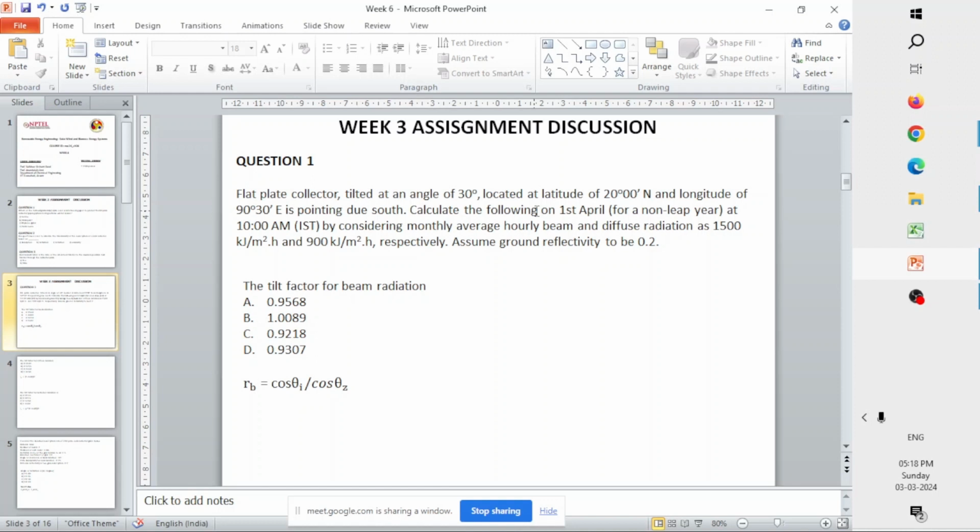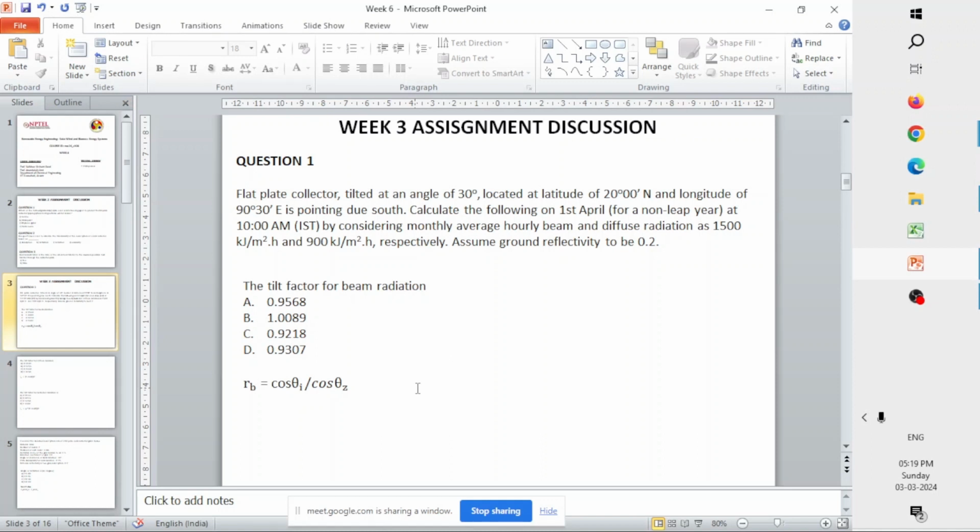So here we will just take this as a live solving session where I'll also be solving, and if you want, you can also solve parallelly with me and let me know if I'm going wrong anywhere. So here we are supposed to calculate the value of theta i and theta z.